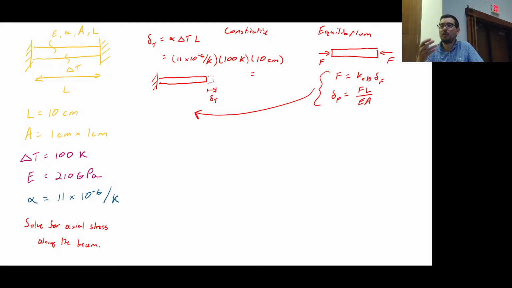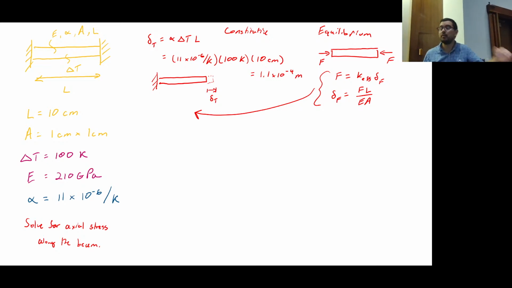So I would expect it to be, like you're saying, 1.1 times 10 to the minus 4. That's what you were saying, right? Okay. And that's in meters. So that's not so much, that's a pretty small amount.